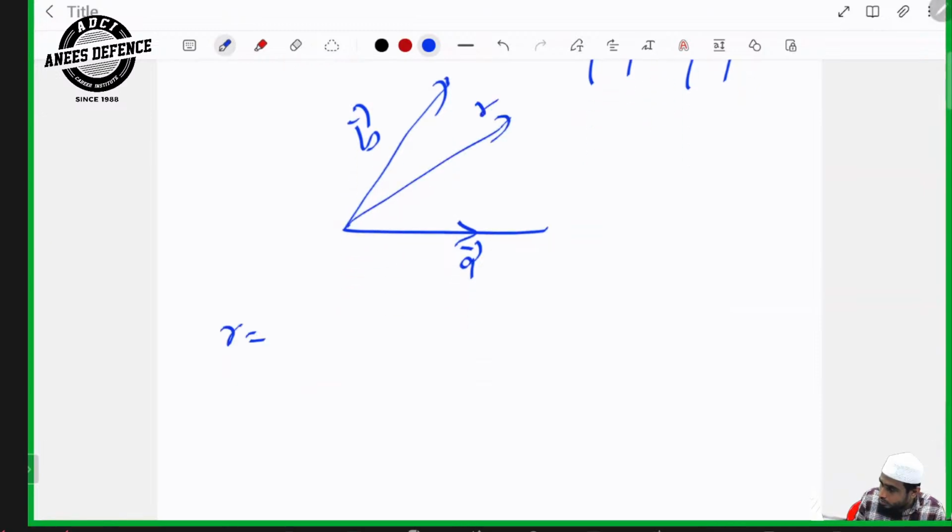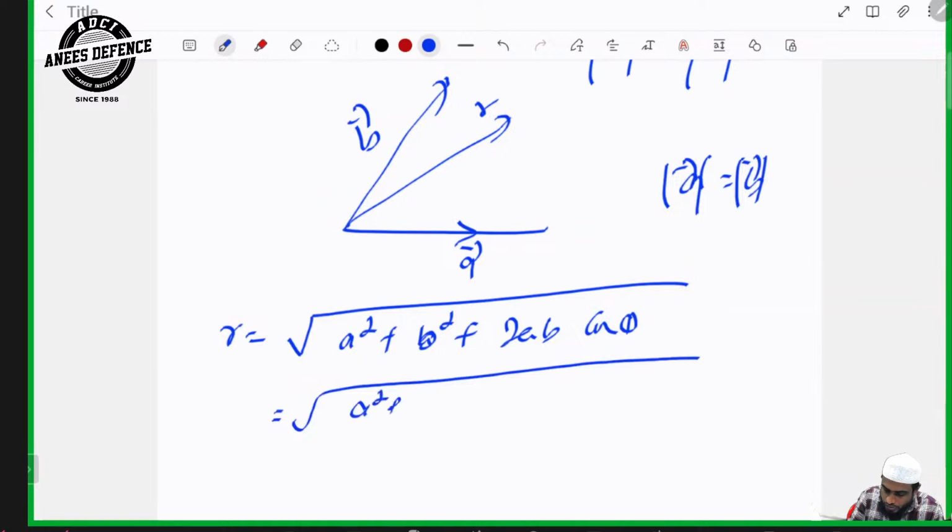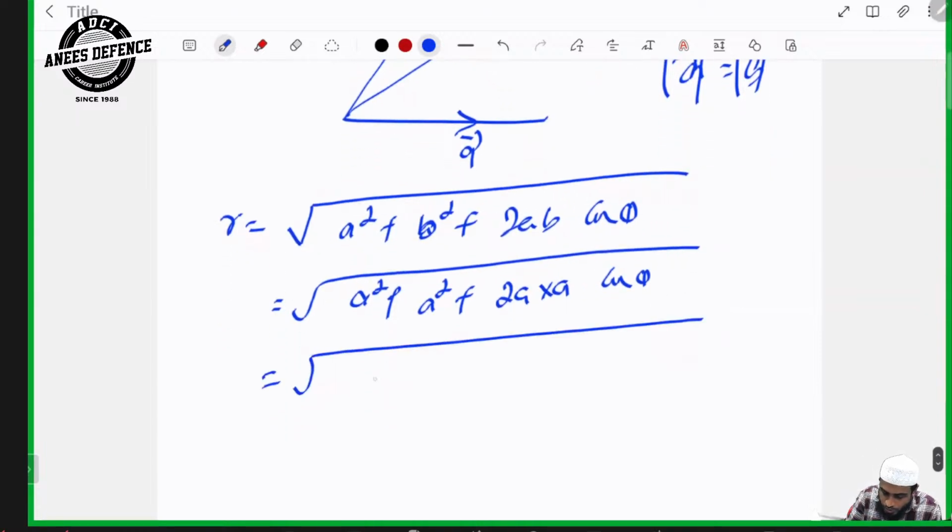You will get some resultant, and R is equal to square root of A square plus B square plus 2AB cos theta. Since the magnitude of A is equal to the magnitude of B, you can put A square plus A square plus 2A into cos theta, because B is equal to A. B is equal to A is not telling the direction, magnitude wise B is equal to A. So here you will get A square plus A square, 2A square, 2A square cos theta.